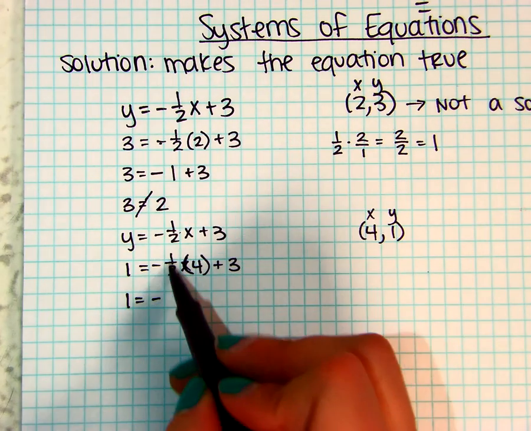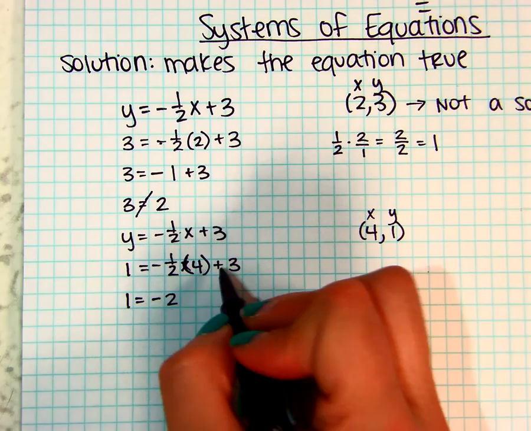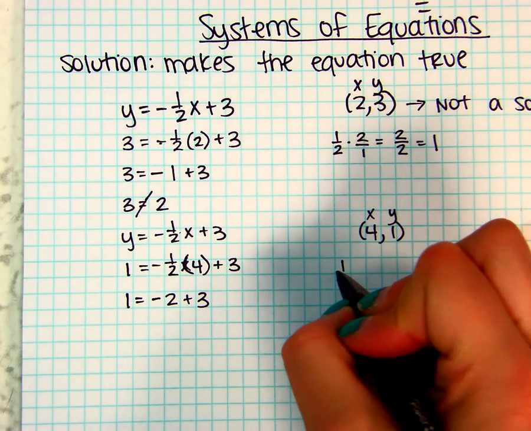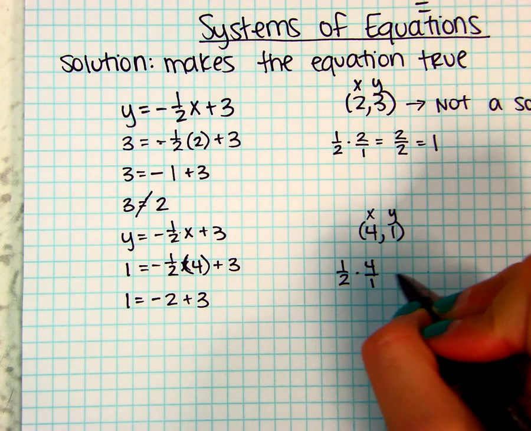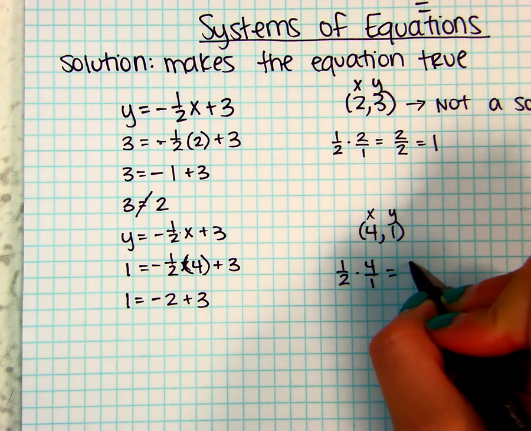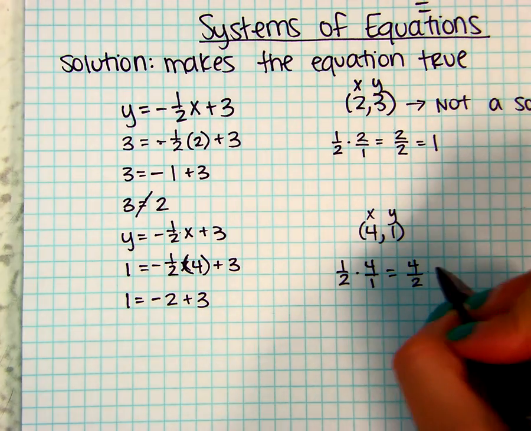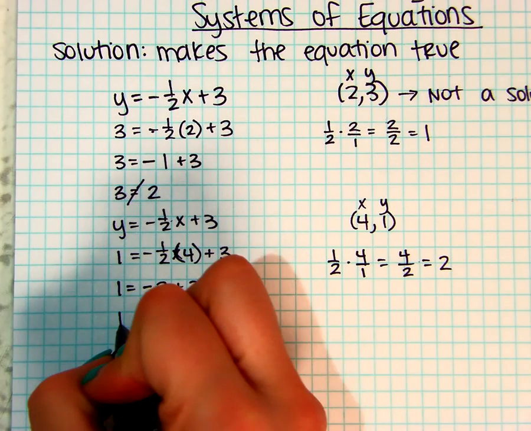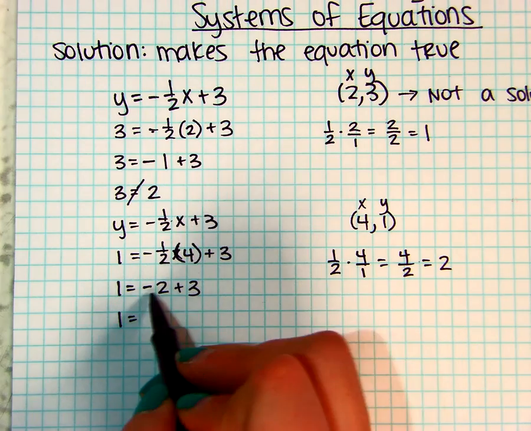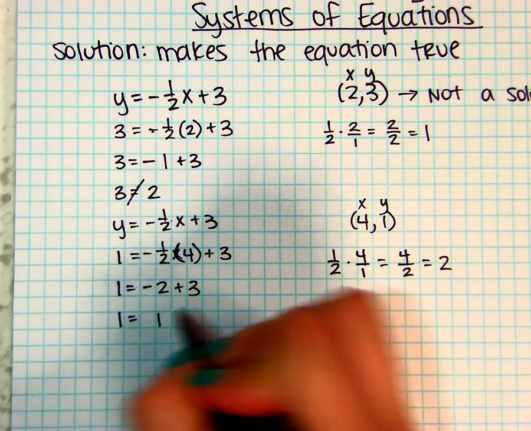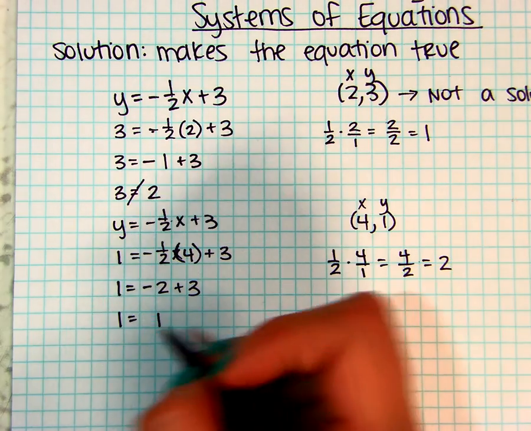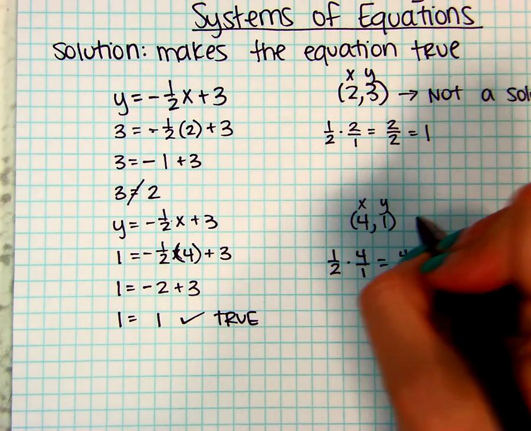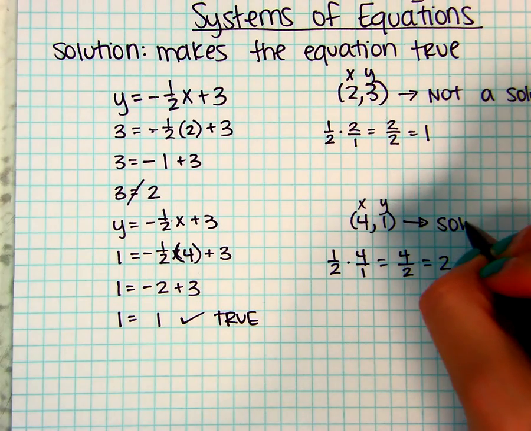Half of 4 is 2, plus 3. If this part confused you, it's 1/2 times 4 over 1. We multiply the tops, multiply the bottoms, and 4 divided by 2 is 2. Negative 2 plus 3, opposite signs, so I subtract to get 1 and keep the sign of the bigger number. Hey, 1 equals 1. That is a true statement. Therefore, this is a solution.